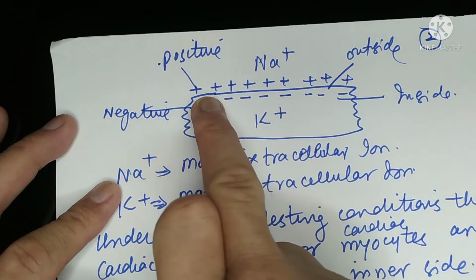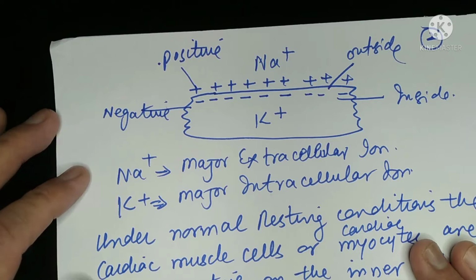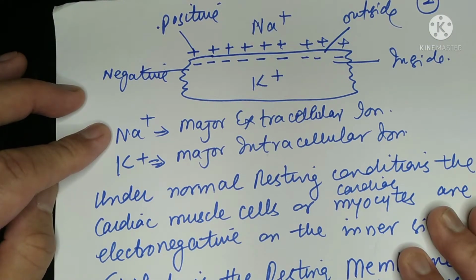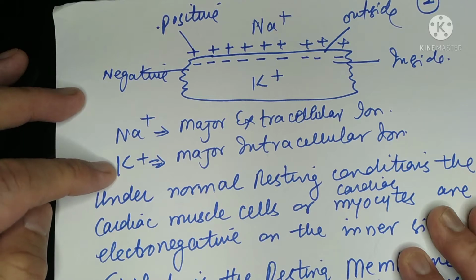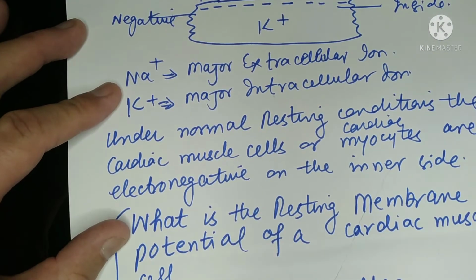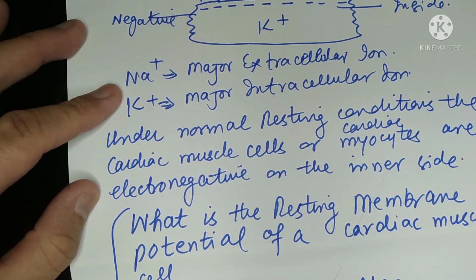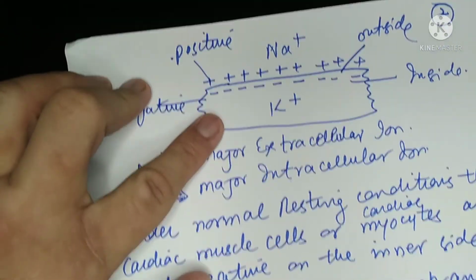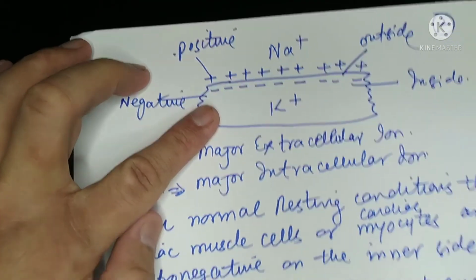Another important point to know is that sodium is the major extracellular cation, while potassium is the major intracellular cation. Under normal resting conditions, the cardiac myocytes are electronegative on the inner side. You should know this. This is very important and is illustrated in this diagram.